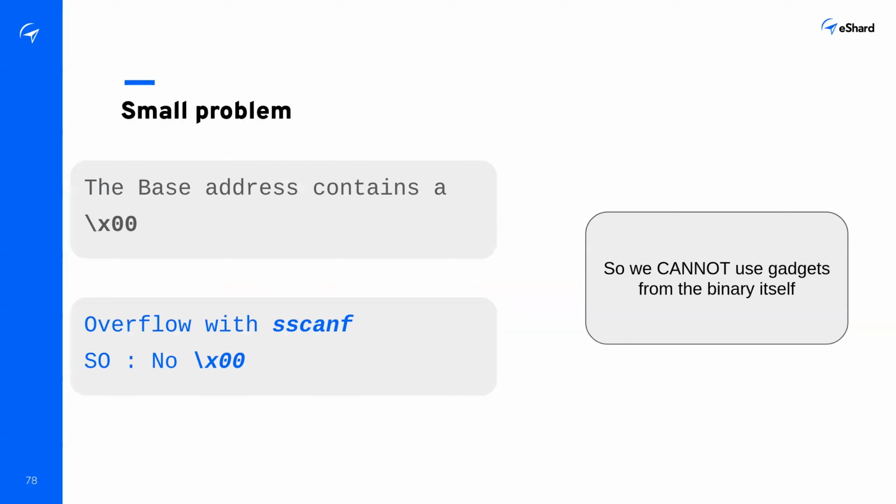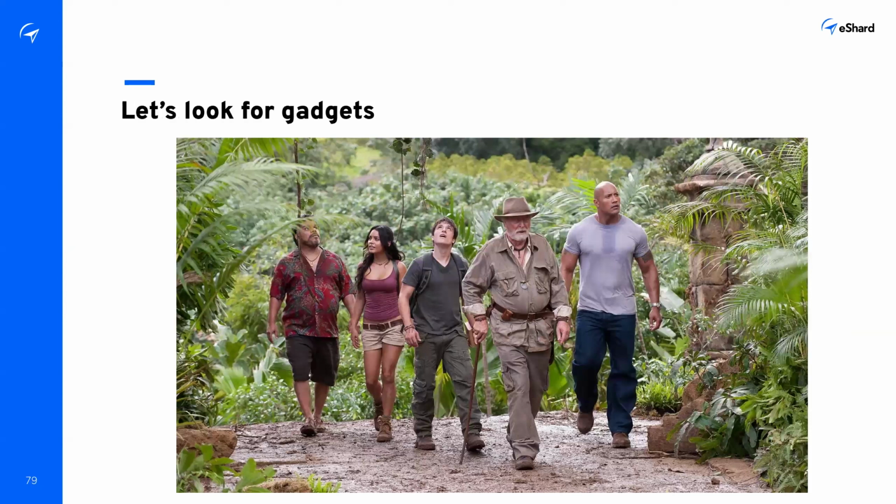We have a small problem though: because we have a buffer overflow with scanf, we cannot have null bytes in our exploit, but the base address of HTTPD has a null byte. That means we cannot use gadgets from the binary itself, so we'll have to look for other gadgets, maybe in the libraries that were involved in the emulation.